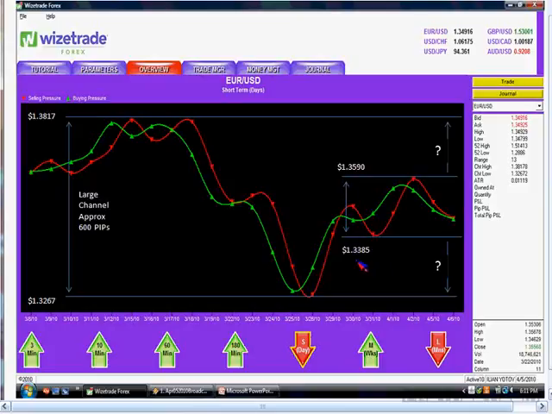Bottom of the channel was the low at $1.3385, and the top of the channel was $1.3590. Now this is a smaller channel of approximately 200 pips. The larger channel was approximately 600 pips between the highs and the lows at $1.3817 and recent lows at the $1.3267.